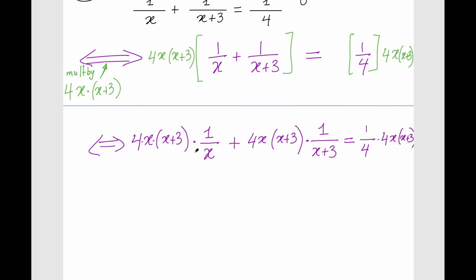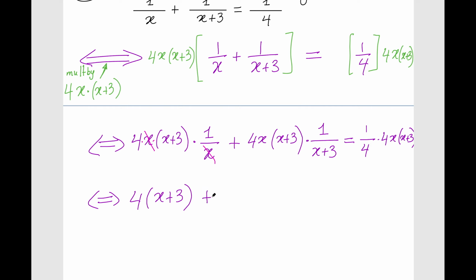So these x's cancel out. And I'm only left with 4 times x plus 3, right? I'm talking about the first expression.